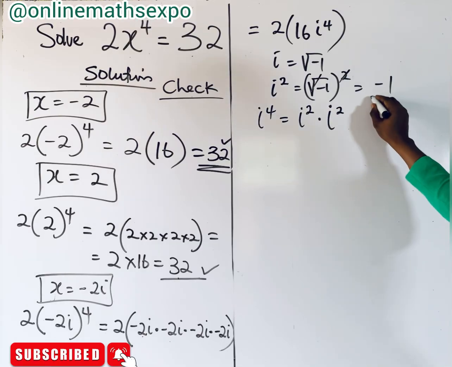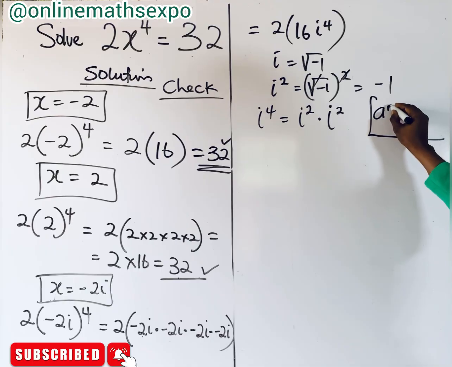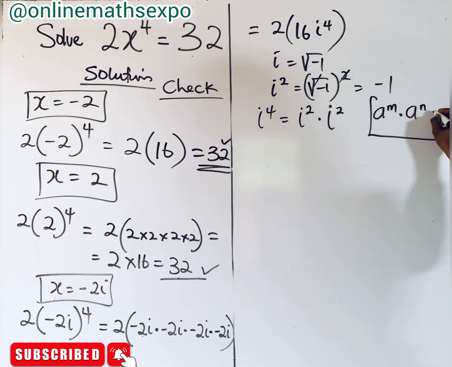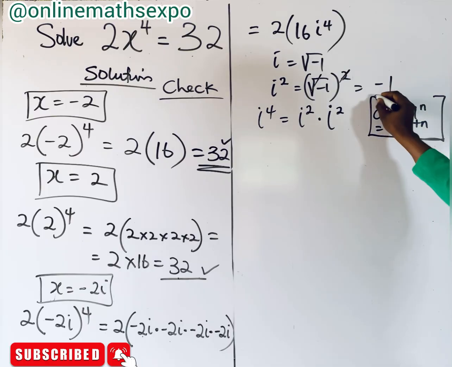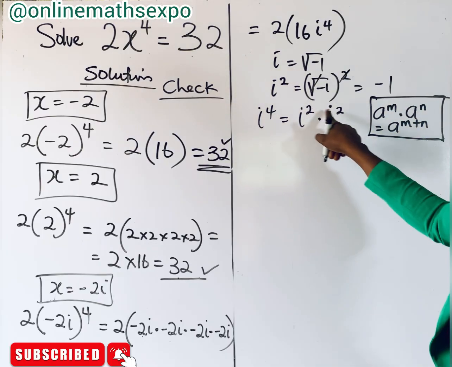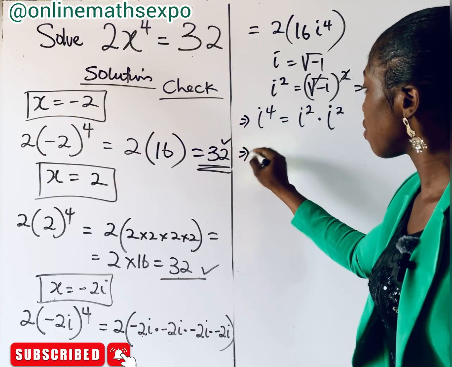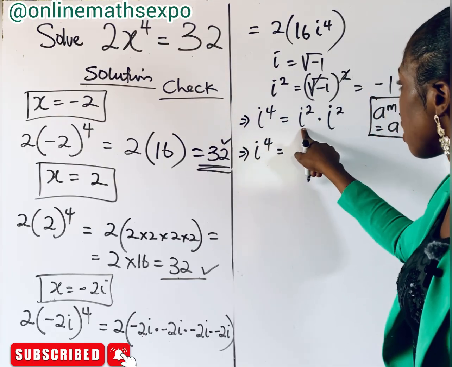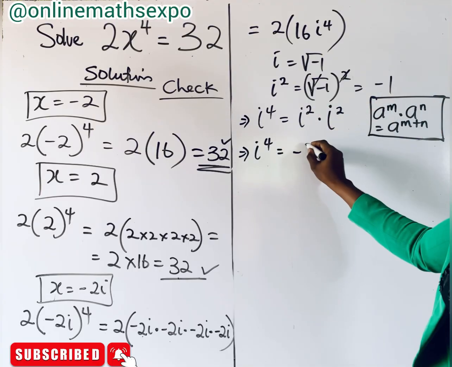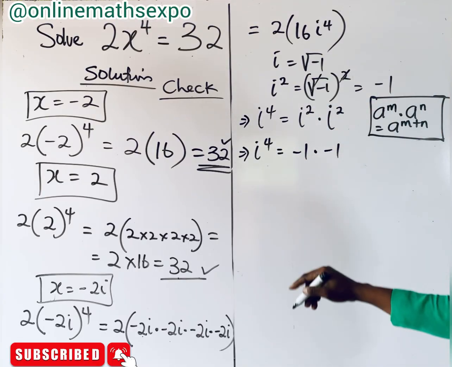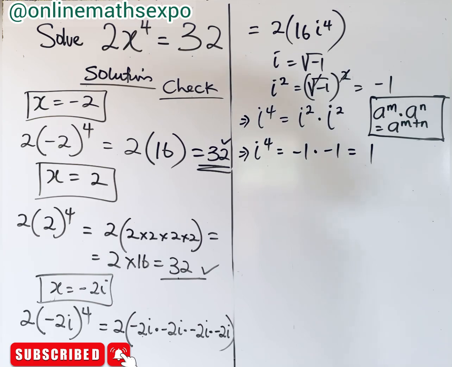According to your rule of exponents, a raised to the power of m multiplied by a raised to the power of n gives you a raised to the power of m plus n. Did you see that? So if you add these powers, it gives you 4. So i raised to the power of 4 is the same as negative 1 multiplied by negative 1, it gives you positive 1. So i raised to the power of 4 is 1.